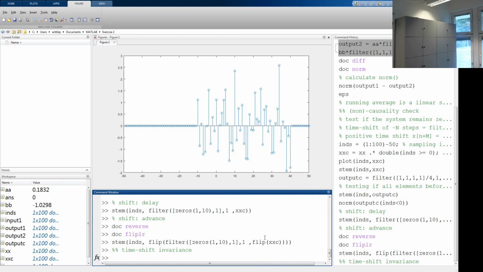And time shifted, well, okay, these should be the same. We are testing that. So output for time shifted input should be the same as the output for time shifted output.